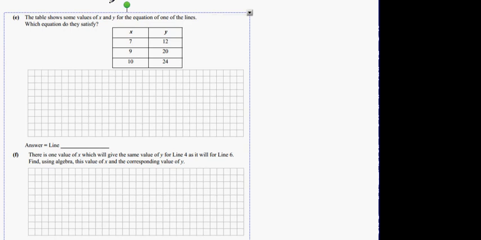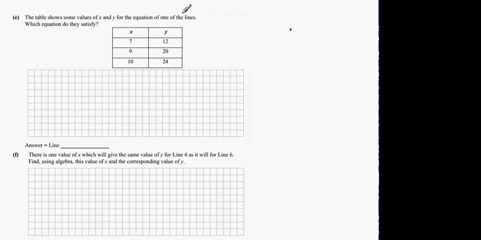Which table shows some values of x and y for the equation of one of these lines? Which line did it satisfy? What does this mean, guys? It means the points (7, 12), (9, 20) and (10, 24) are all on this line. Are we able to get the equation of a line?